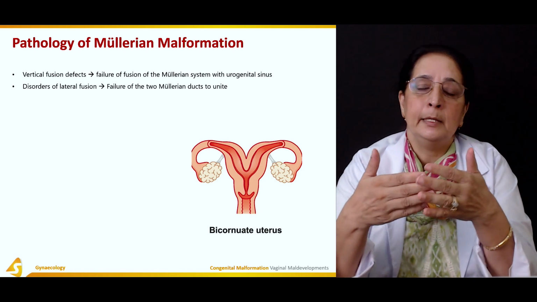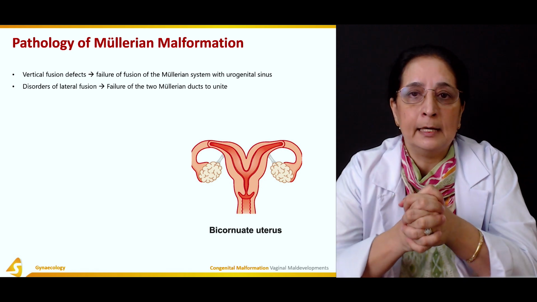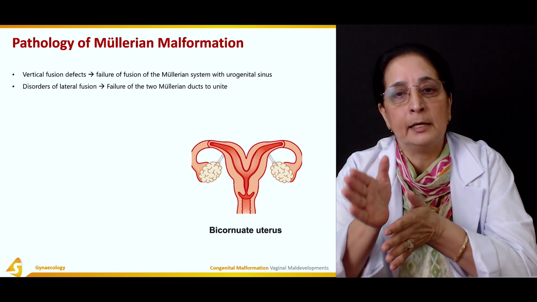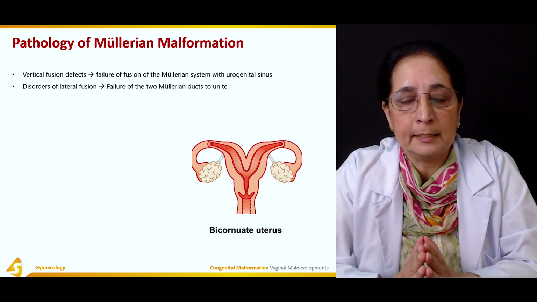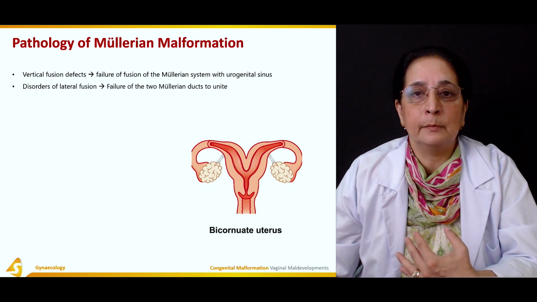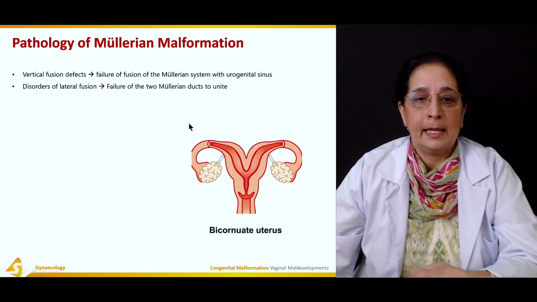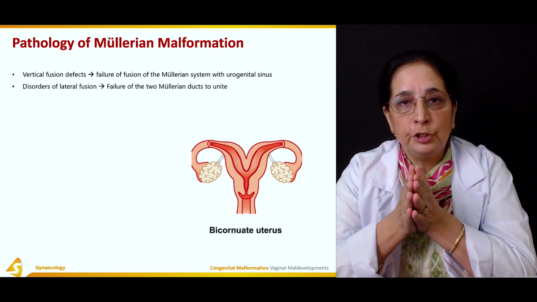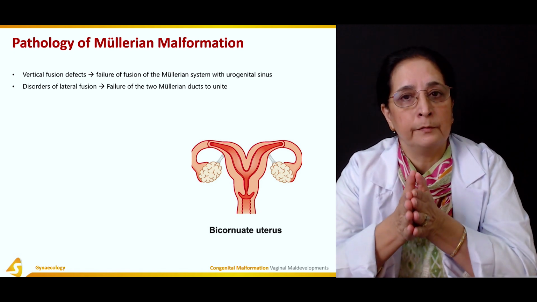As we talked about in the previous slide, disorders that can lead to vaginal maldevelopments include vertical fusion defects and lateral fusion defects. As the name shows, lateral fusion defects are due to failure of the fusion of two Mullerian ducts with each other.